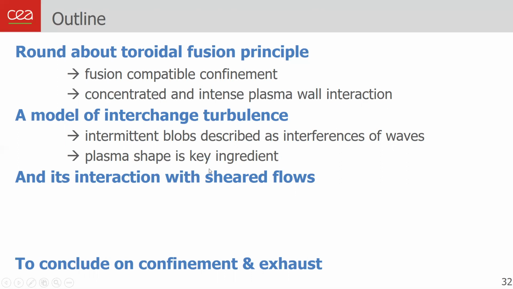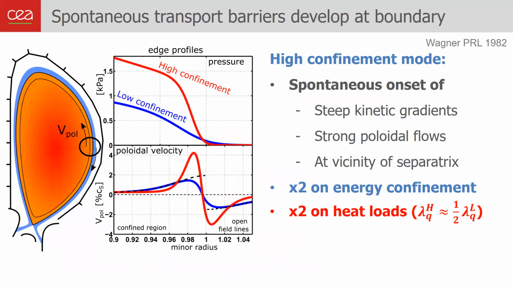So then the last ingredient concerning turbulence is the interaction with sheared flows. So spontaneous transport barriers appear at the boundary, as I mentioned earlier. We have in fact two main confinement modes in tokamaks. We have what we call the low confinement mode, where pressure gradients are, let's say, moderate around the boundary.